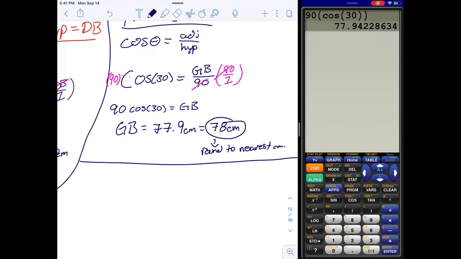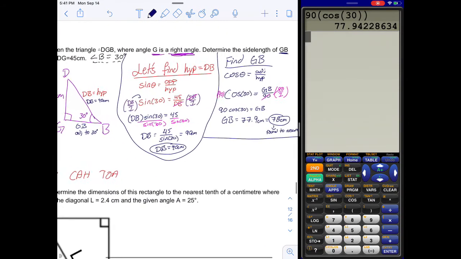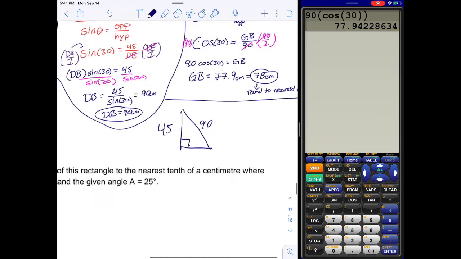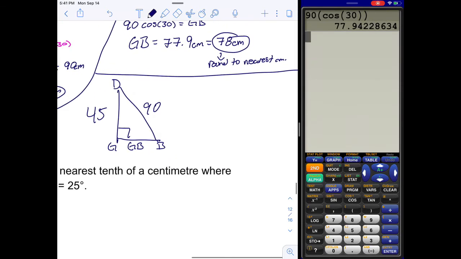Okay, so that's one way to use a ratio. Now again, could we have solved this a little differently? We absolutely could. We could have used Pythagoras. So we have a triangle here where we have 45 and we have 90, and we're trying to solve for g to b here. Recognize we could use Pythagoras.